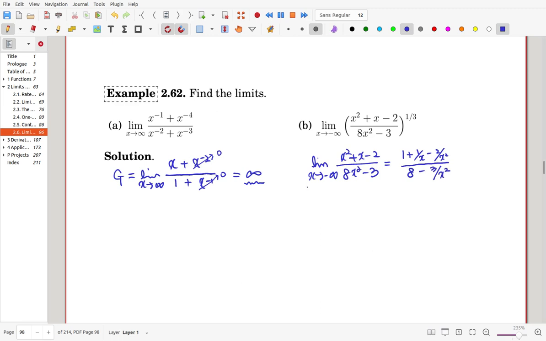As x approaches minus infinity, except for 1 and 8, everything else approaches 0, so the limit inside is 1 over 8. Then taking the third power, the answer must be one half.